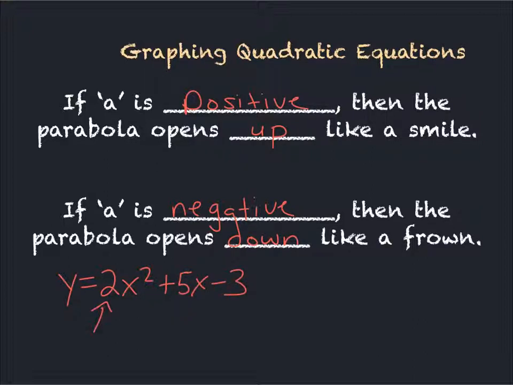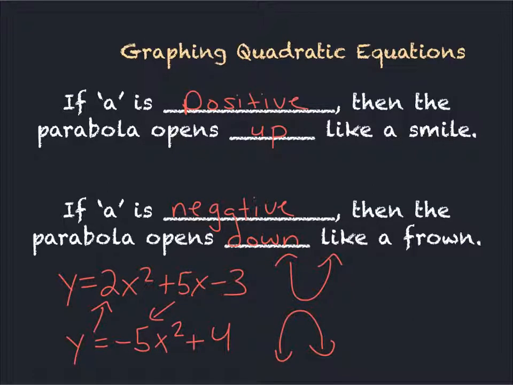A here is positive, so we know that this parabola is going to open up. Y equals negative 5x squared plus 4. No B here, but we do have an A. A is negative, so we know that it's going to be opening downward like a frown.